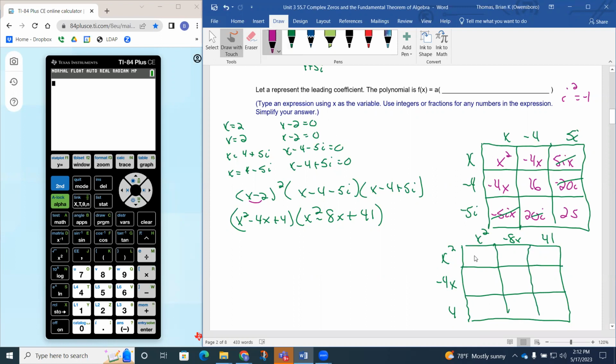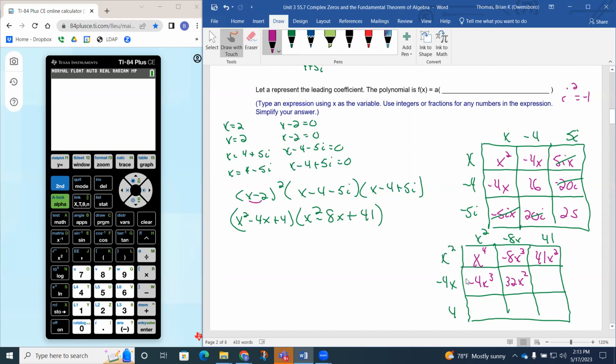X squared times x squared means there are 4 x's present, x to the 4th. Since they're connected by multiplication, we add the exponents. X squared times negative 8x would be negative 8x to the 3rd. X squared times 41 would be 41x squared. Negative 4x times x squared would be negative 4x to the third. A negative 4 times a negative 8 would be a positive 32, and x times x is x squared.